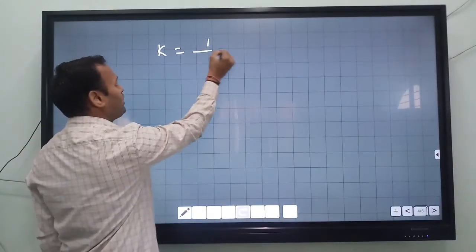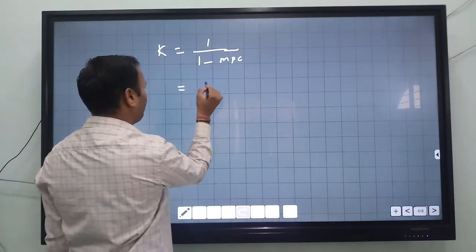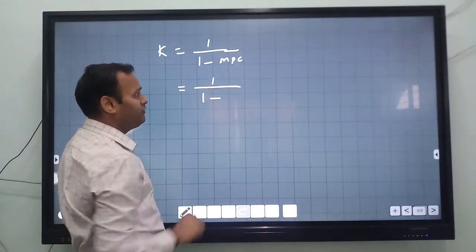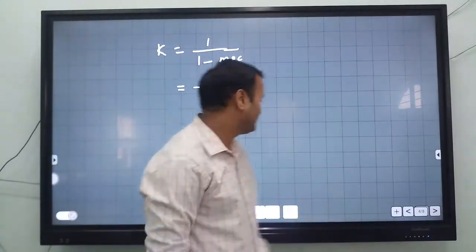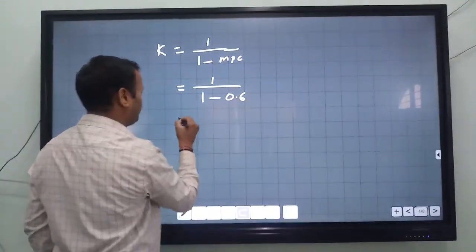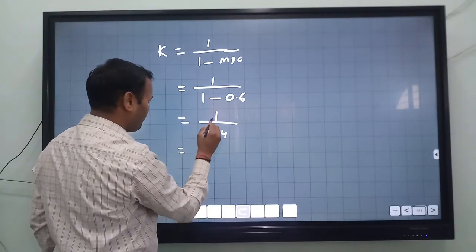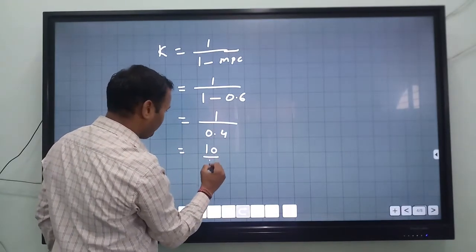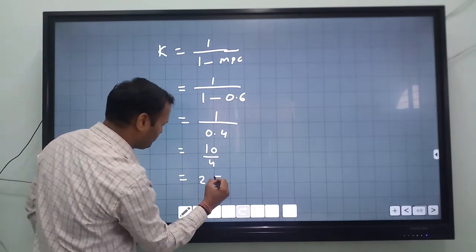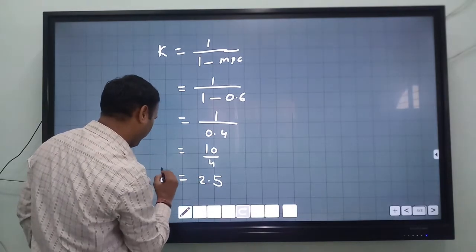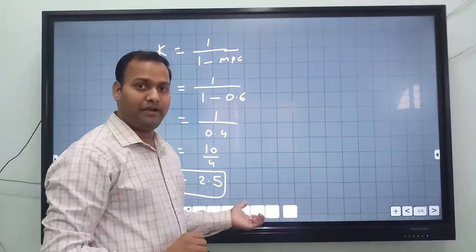So K is equal to 1 upon 1 minus MPC. Putting the value of MPC, that is 0.6, so 1 upon 0.4 is 10 upon 4, that is 2.5. This is the value of the investment multiplier.